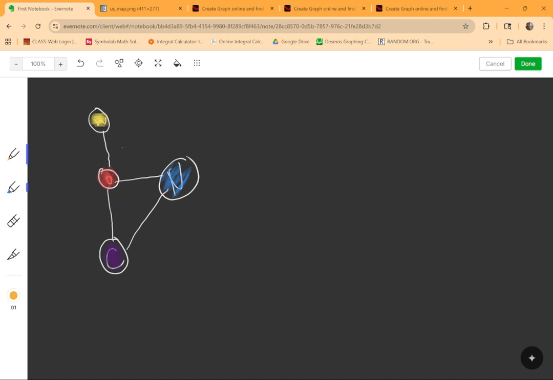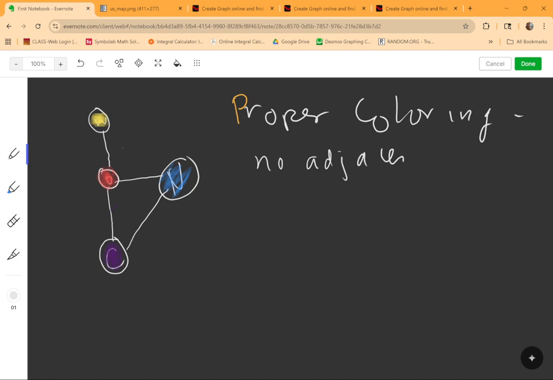Now what we want is what's called a proper coloring. A proper coloring is where we assign colors so that no adjacent vertices have the same color.